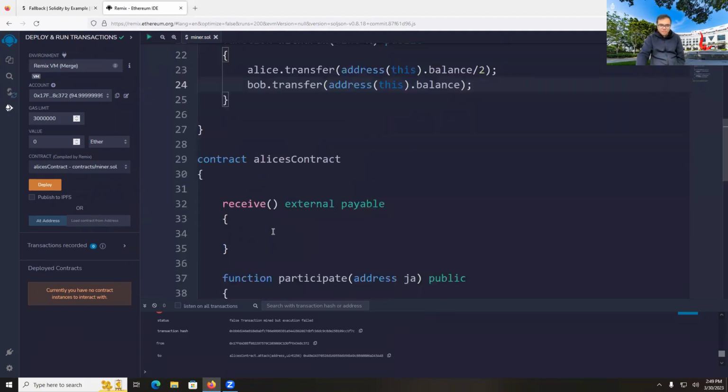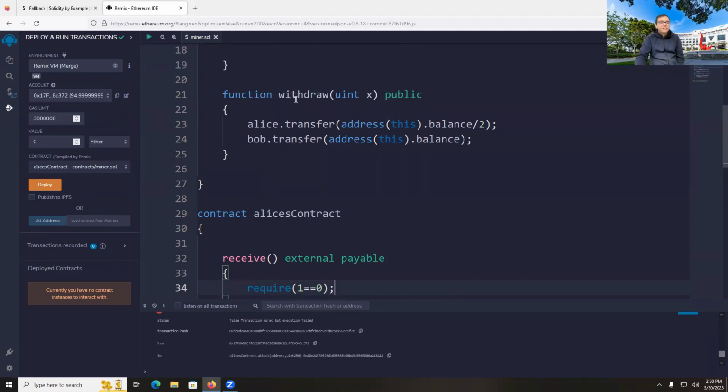And here's what I do. In my receive function, I just write 1 line, revert. And this means that it just throws an error, or another way of saying it, throws an exception. Or I can write require(1 == 0). Right? Now what happens?